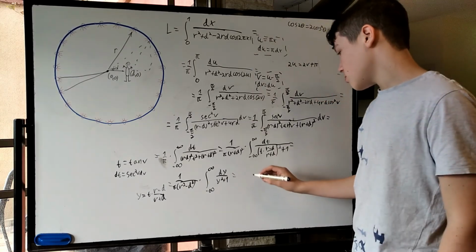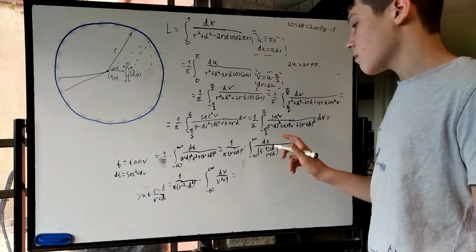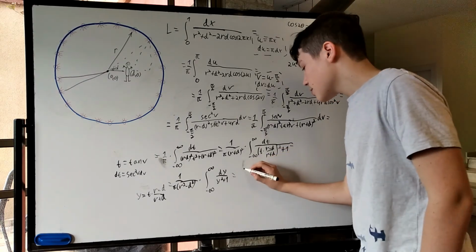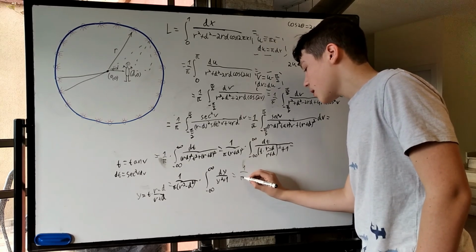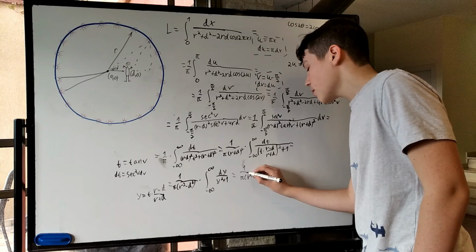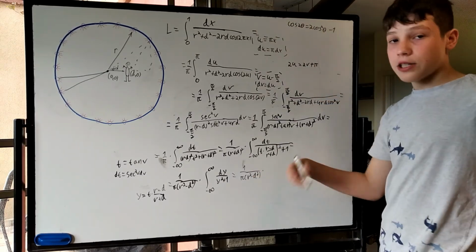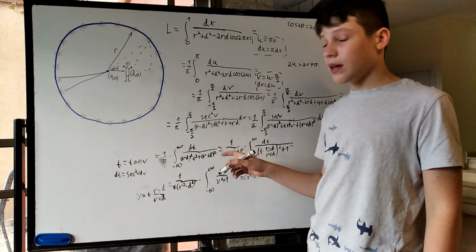And so this will be 1 over pi r squared minus d squared times arctangent of y, going from negative infinity to infinity.